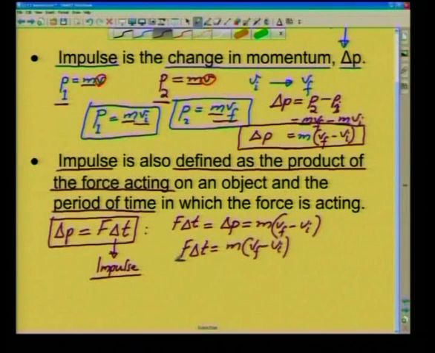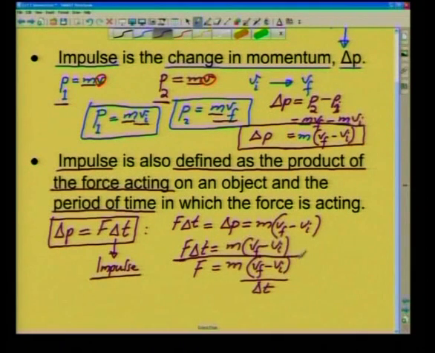So if I were to calculate the force that is creating this change in momentum, this F, I can get it by using the mass of the object times the change in velocity, V final minus V initial, divided by change in time.